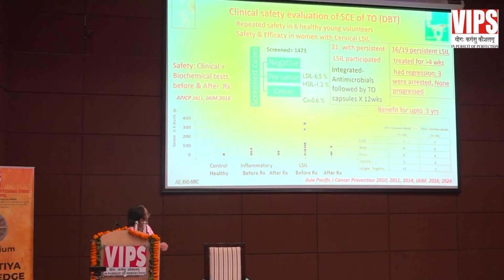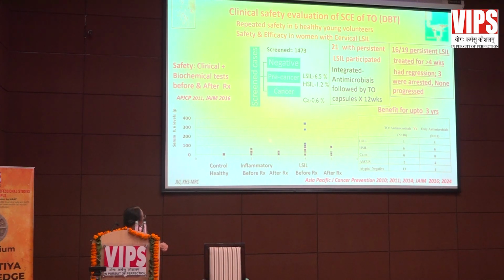And 0.6% had cancer, so naturally we referred them for treatment. Now 21 with persistent low-grade changes participated. Out of them, 3 remained persistent but did not progress, and 16 actually regressed within 4 weeks only.